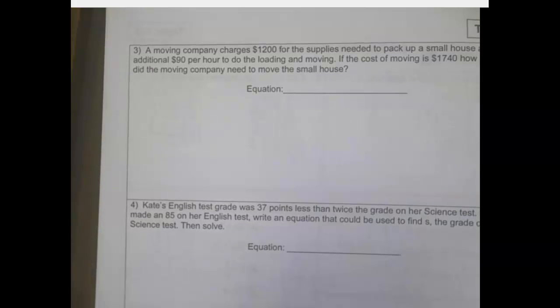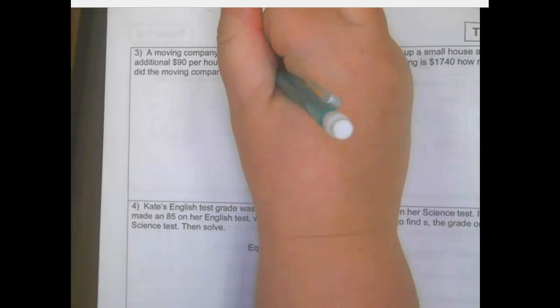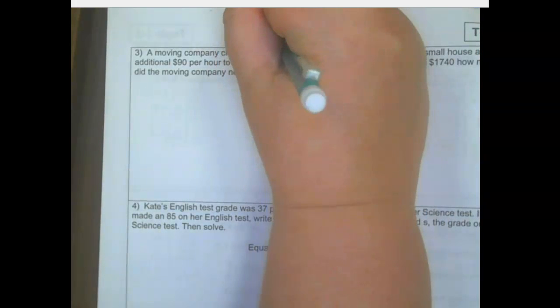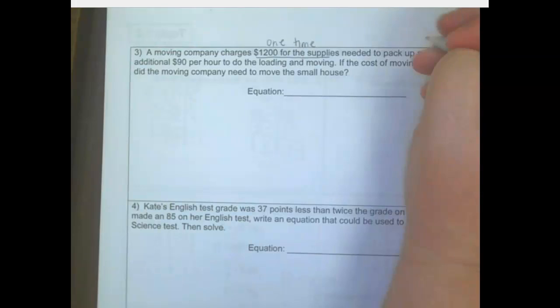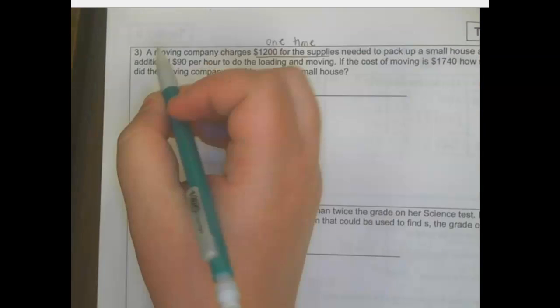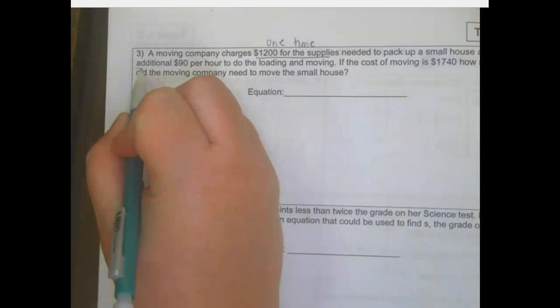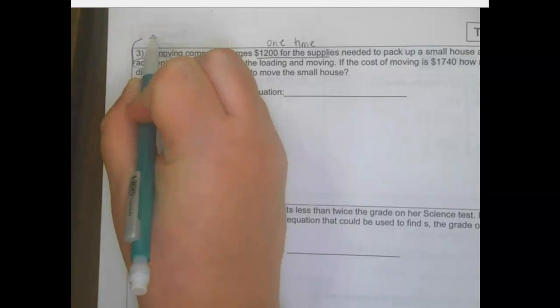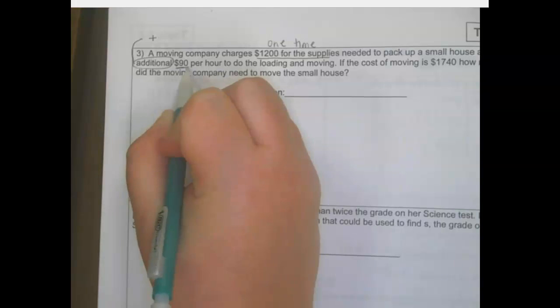All right, so let's look at it. We have charges $1,200 for supplies. So that's a one-time thing, right? This is a one-time. I'm not going to have to pay them multiple times for supplies, am I? No. Pack up a small house. An additional, we got an operation word there, means add. 90 per.